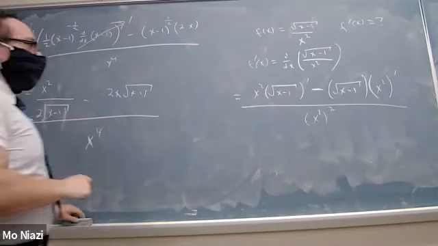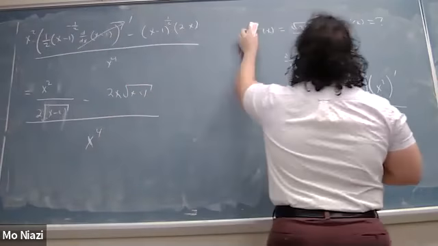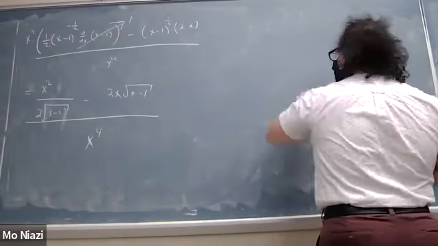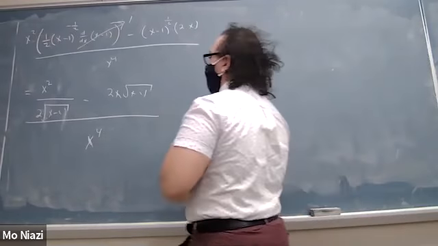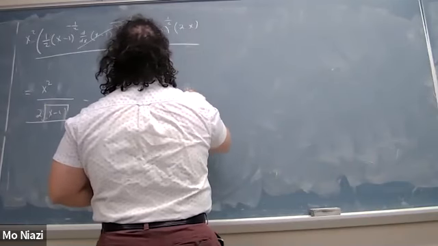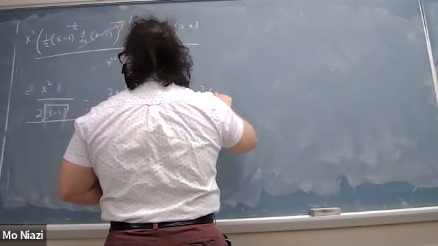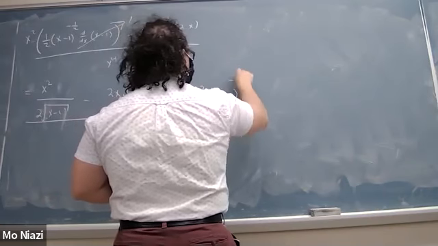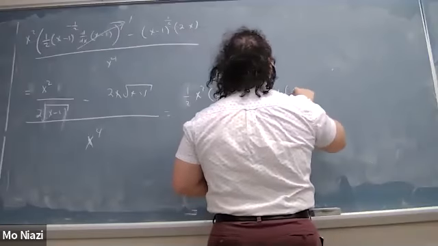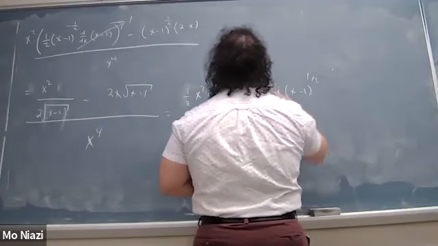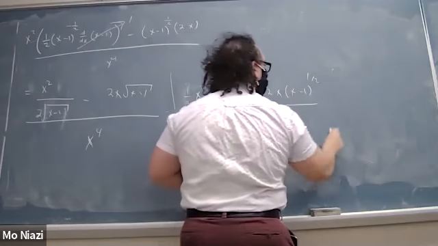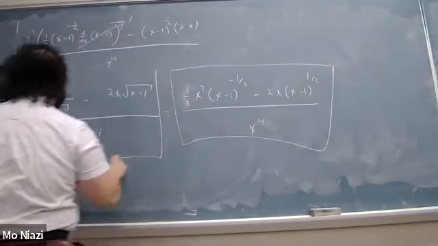Or you could have just kept it the way it was. Or you could have said that's the same thing as 1/2 x squared times x minus 1 raised to the negative 1/2, minus 2x times x minus 1 raised to the 1/2. Everything divided by x to the 4th. Either of these work.